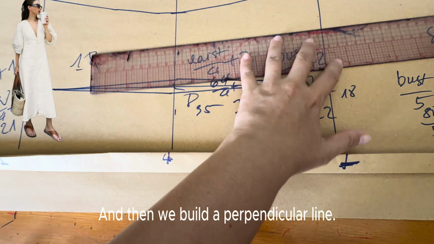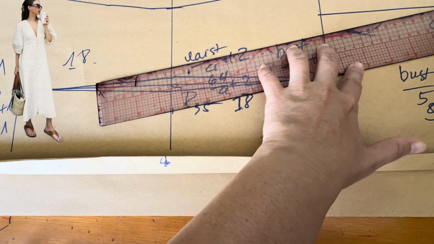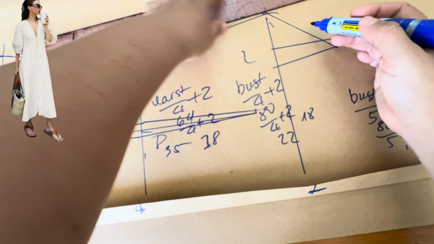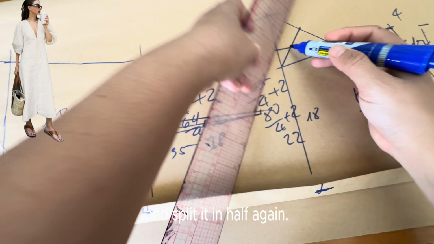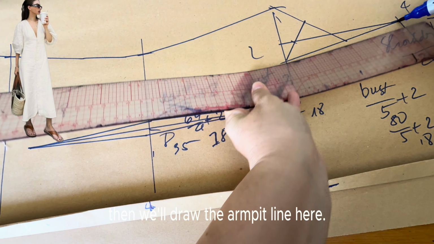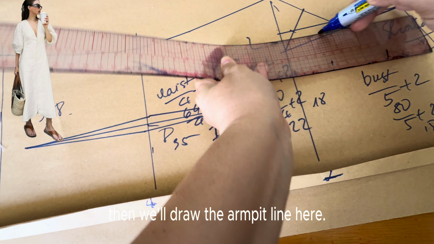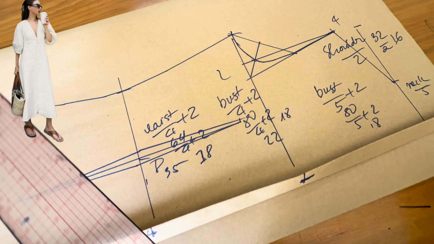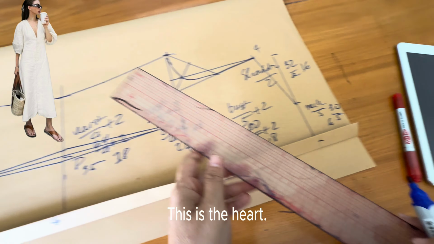And then we build a perpendicular line. Split in 2, and split it in half again. Then we'll draw the armpit line here. This is the neckline. From here, you step back, and the depth of the neckline lies here.